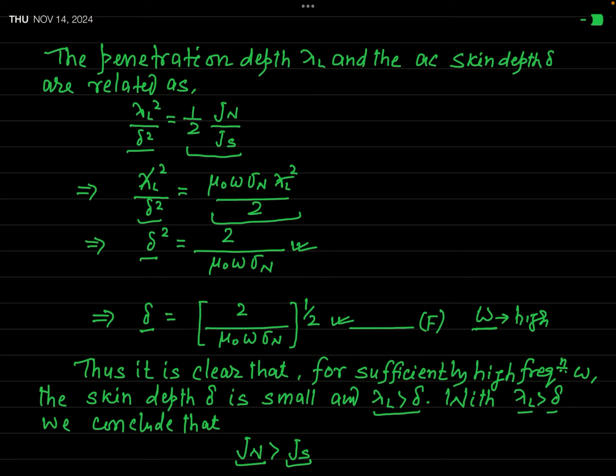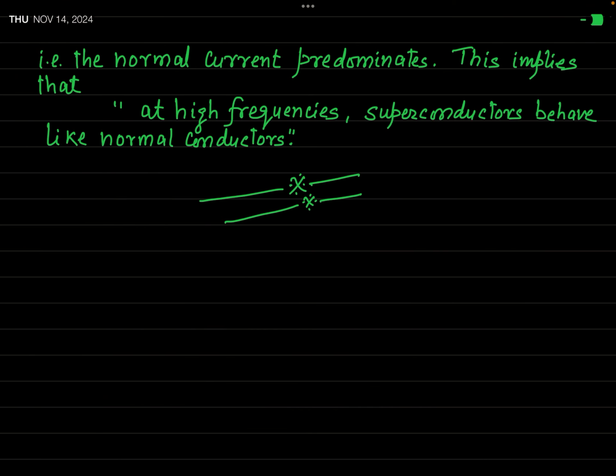So in this condition, you can conclude that our superconductor behaves just like a normal conductor. In case of very high frequency, a superconductor behaves like a normal conductor. This is a very remarkable fact. This implies that at high frequencies, superconductors behave like a normal conductor.